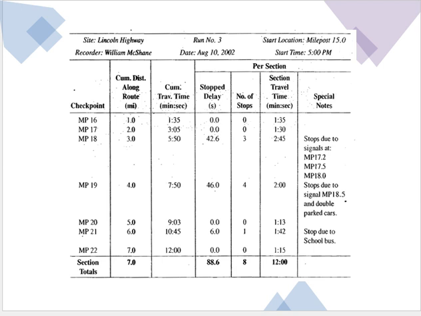Okay, so when we say cumulative, these two columns are cumulative, that means that they are from the first one. So all these numbers are from here. Then these four columns are for each section. Each number is from the previous point.